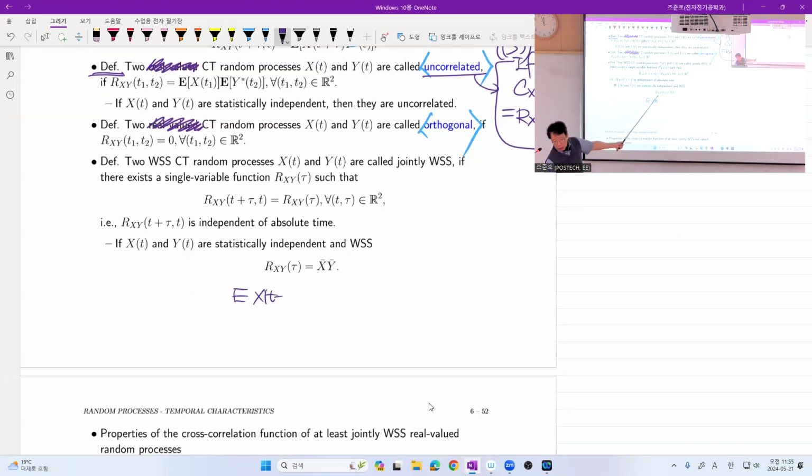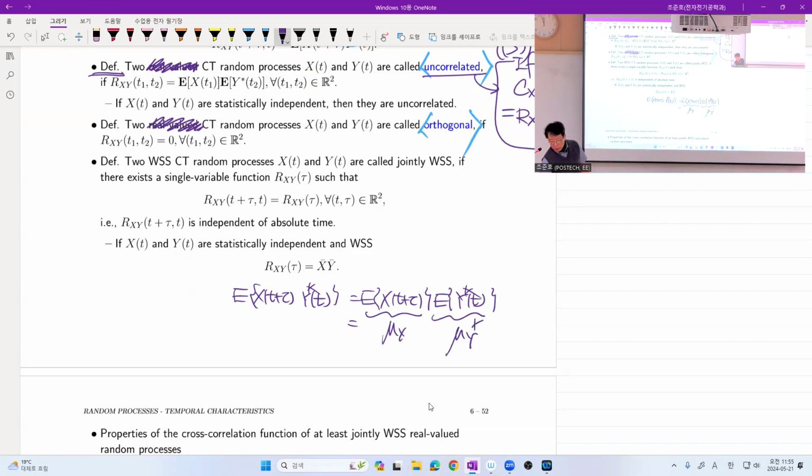Expectation of x of t plus tau and y of t conjugate. And if they are independent, we have a kind of factorization. And now let's assume they are WSS, which means that this is constant, and this is also constant. So we are done. So this is the general complex valued random processes case.